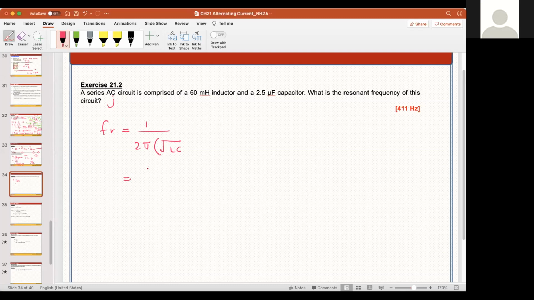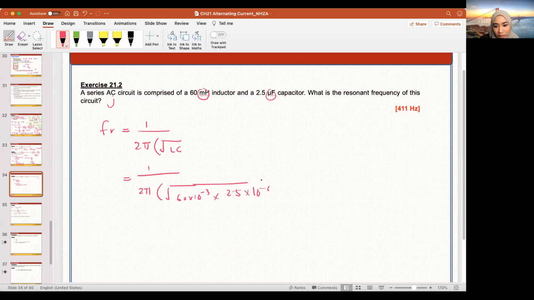Then L needs to be 60 times 10 to the power of -3, multiplied by 2.5 times 10 to the power of -6. Oh, okay. So square root of 60 times 10 to the minus 3. Ada milli kat sini and then ada micro kat sini. So don't forget that. I'm not talking to Jaya, I'm talking to everyone else. Selalu ramai orang tertinggal.